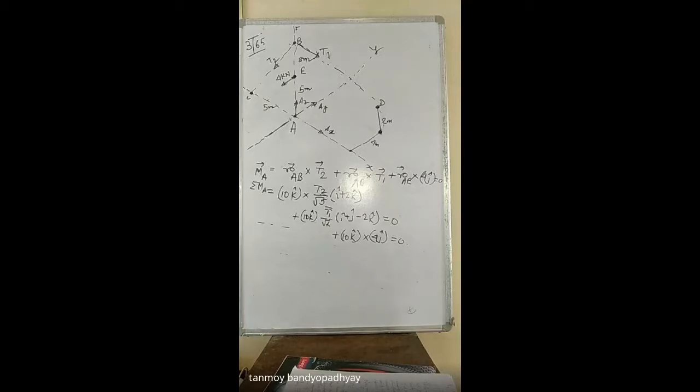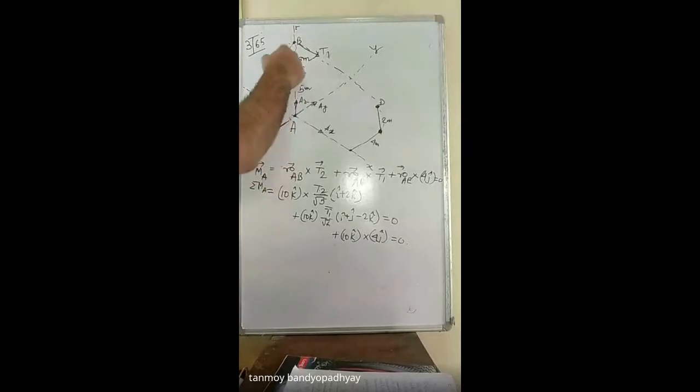Here we are using two independent equations of equilibrium. So if I need to have only one independent equation, how can I do that? As you can understand, the T2 force is on the xz plane, and this position vector is also lying on the xz plane only.